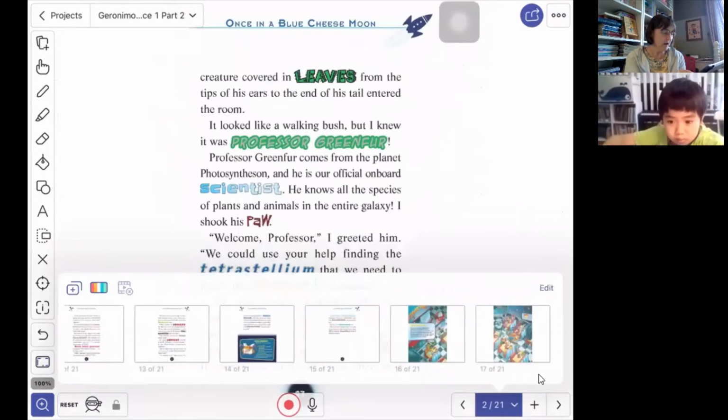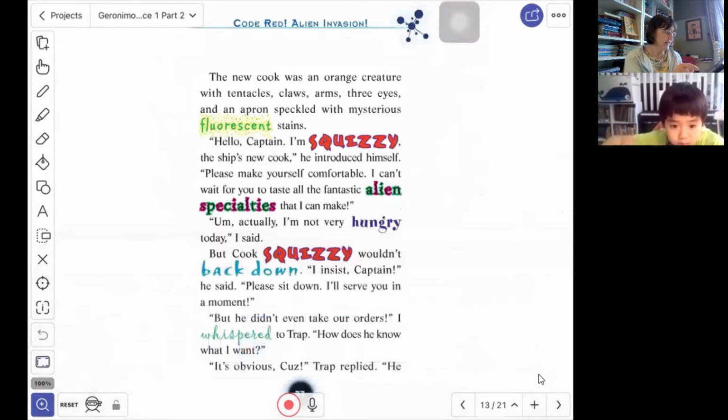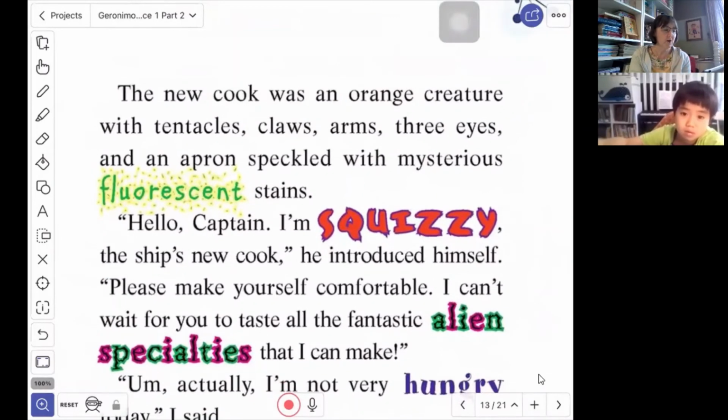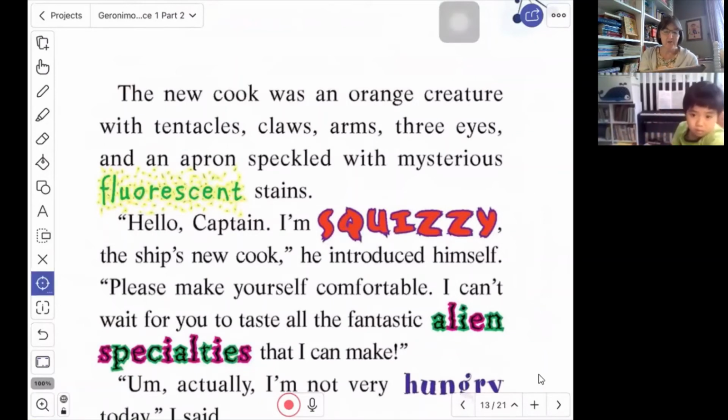All right, so they are in the cafeteria eating, and I think we left off with fluorescent stains, right? Where the cook had tentacles, claws, arms, 3 eyes, and an apron speckled with mysterious fluorescent stains, right? Is that where we are?